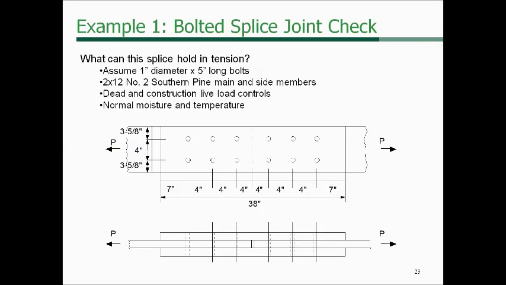No snow loads on this one. We'll be using a little bit higher load duration factor for a dead and construction live load. And we're going to look at a normal moisture and temperature environment. And so we'll define that a little more as we get into this. But you see the picture here, the spacing, end and edge distances that we've chosen for this particular case.